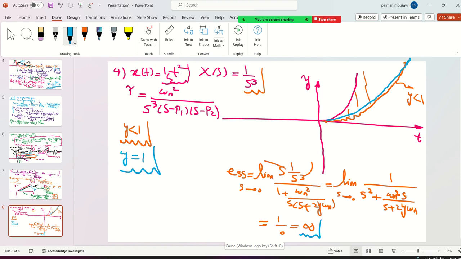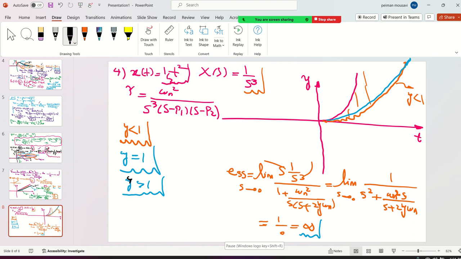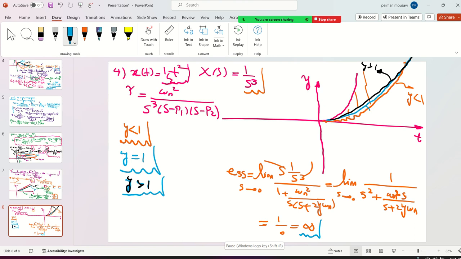And when overdamped, no oscillation, slower response. Let me change the color. Here we go. But again, the error signal is increasing. This is for zeta smaller than 1, and this is zeta 1.